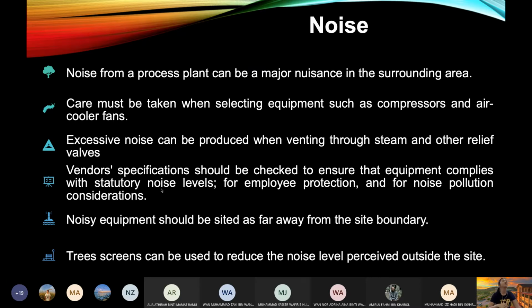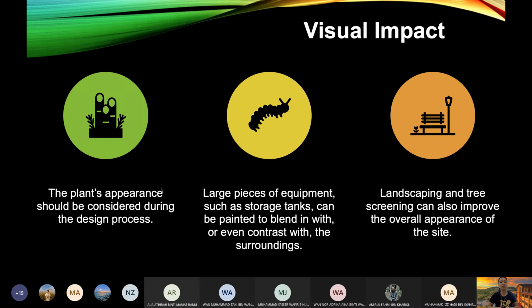Okay, next one, visual impact. So this is how to make environmental impact also included visual impact, how your plant looks to the others or to the public. So the plant appearance should be considered during the design process. So siapa yang buat site layout tu, kamu kena consider juga how your plant will look from the outside of your plant.